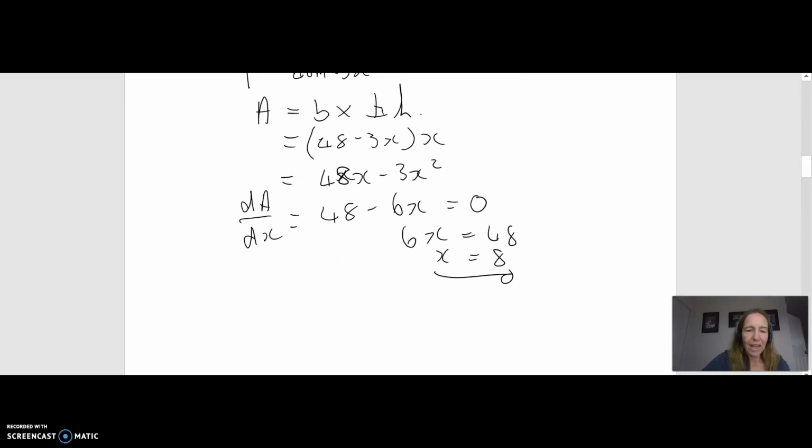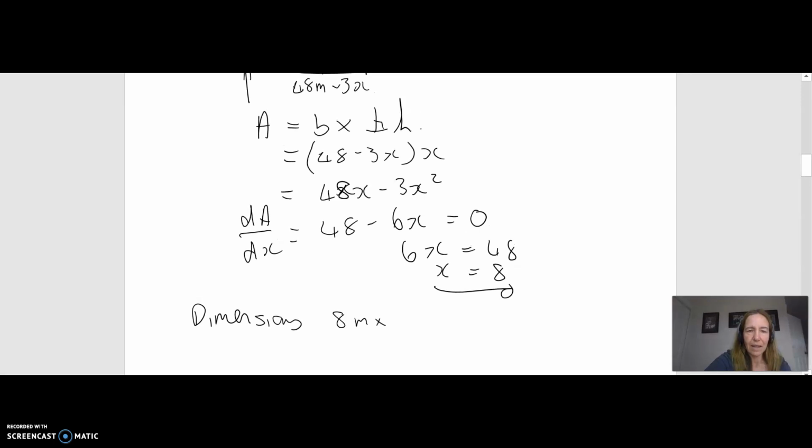So my actual dimensions are 8 meters by 48 minus 3 times 8.